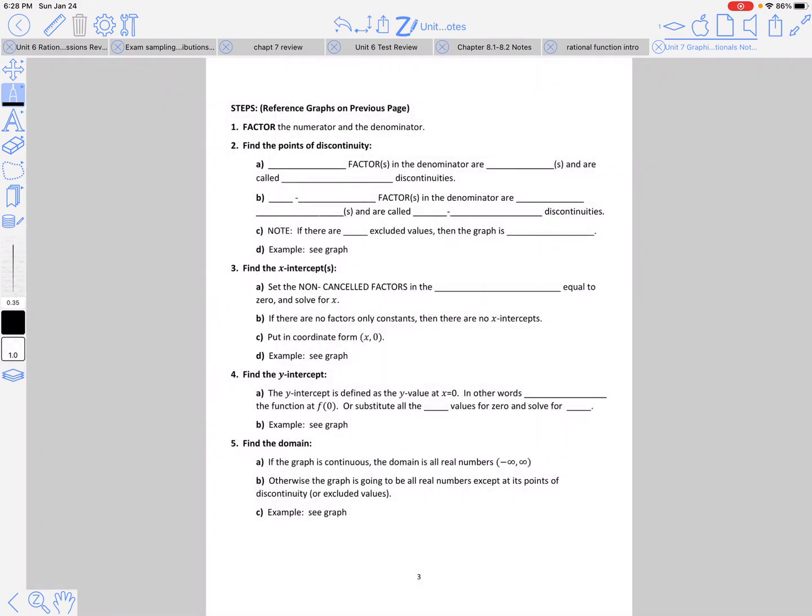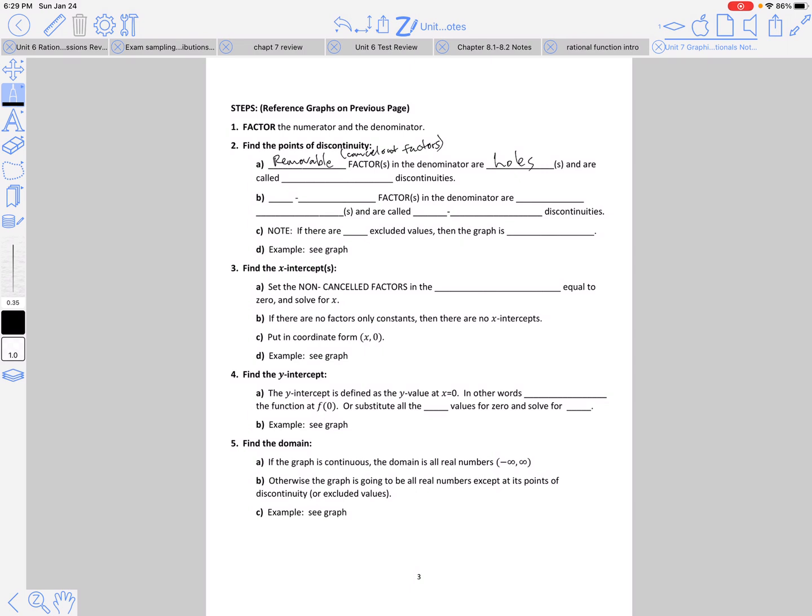Woohoo, some more guided notes. Okay, so a removable factor. Those are the things that we can cross off, right? So this is when you cancel out factors. Removable factors in the denominator are holes.